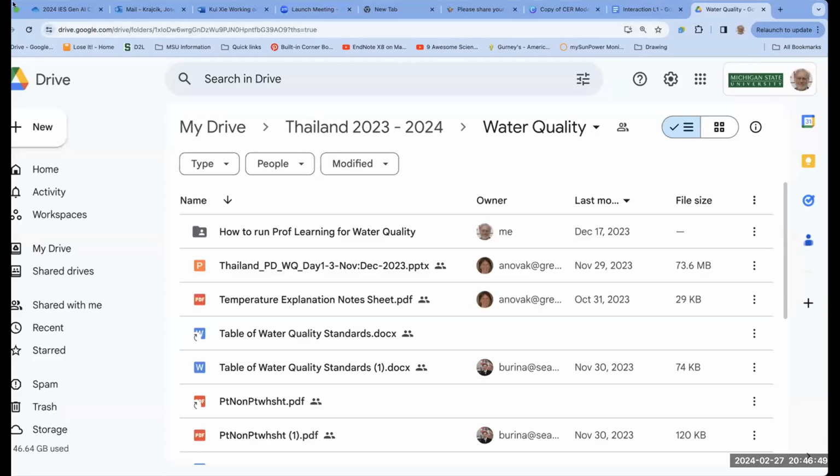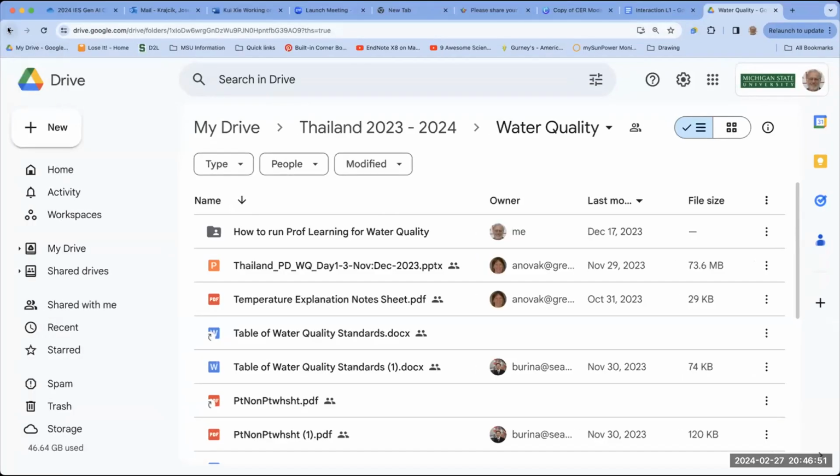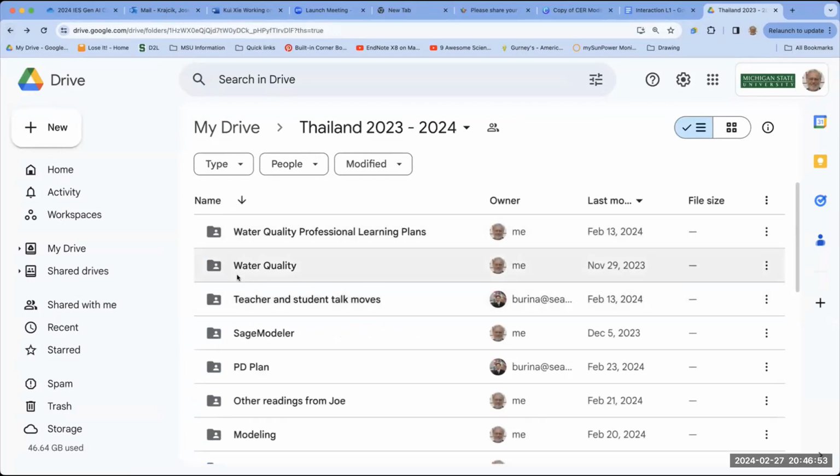I had thought Anne had put some readings in. If you go to our folder, you'll see this thing called water quality.